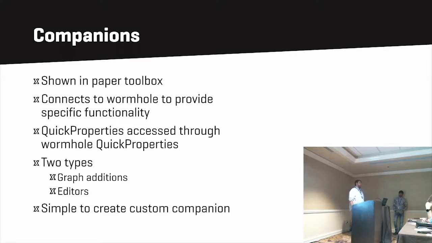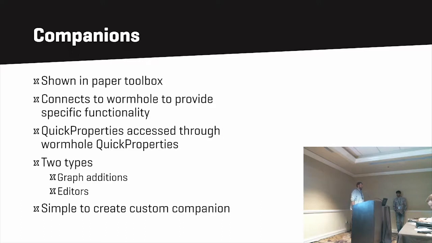There are 2 types of companions right now. The more simple one is the graph additions. So they will add things you see on the wormhole, like a frame or scale or something like that. And we have editors which will manipulate the contents of the wormhole.